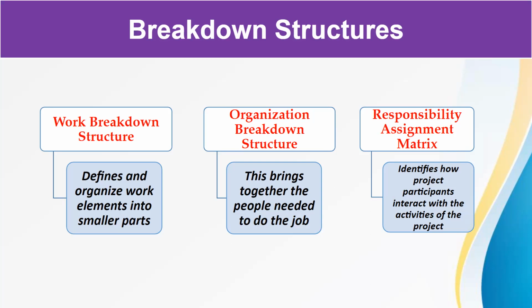And also, the responsibility assignment matrix comes about, where we identify the different team members and how they interact with the activities of the project. So it's very important to know that project participants interact with the activities of the project. We have to look at how this particular person relates with that particular person, because their work relationship is not far.